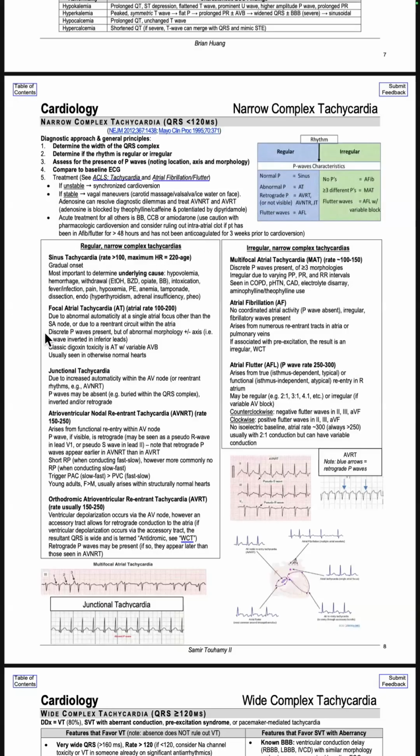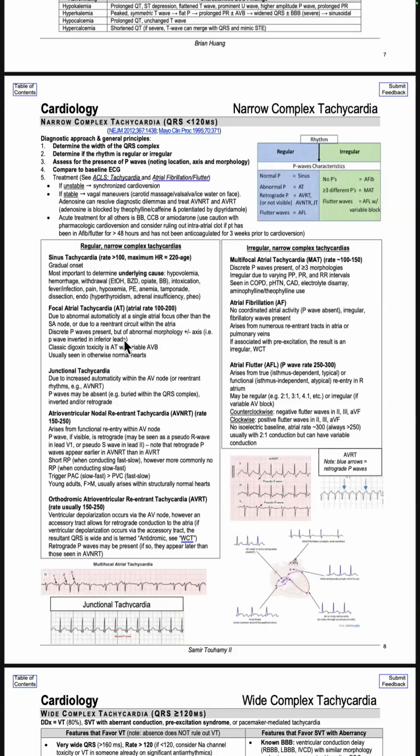Then we have focal atrial tachycardia, or simply called atrial tachycardia, due to abnormal automaticity at a single atrial focus other than the SA node, or it's due to a re-entrant circuit within the atria. There are discrete P waves, but they have abnormal morphology and axis.